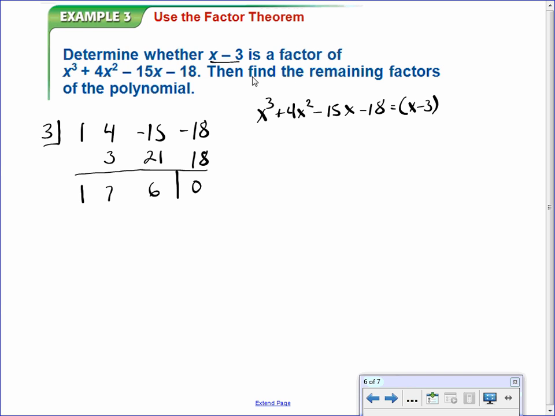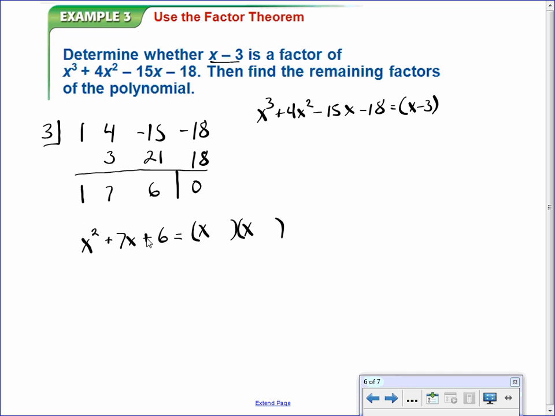Now they do want us to find the remaining factors of the polynomial, so what I'll need to do now is take this and translate it into a polynomial, x squared plus 7x plus 6. And then just like we did back in chapter 4, I need to factor this polynomial. Remember, you'll open 2 parentheses. Since this is just an x squared, I can place an x here and an x here.